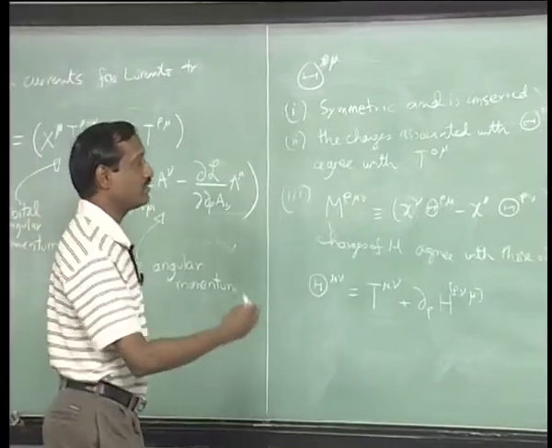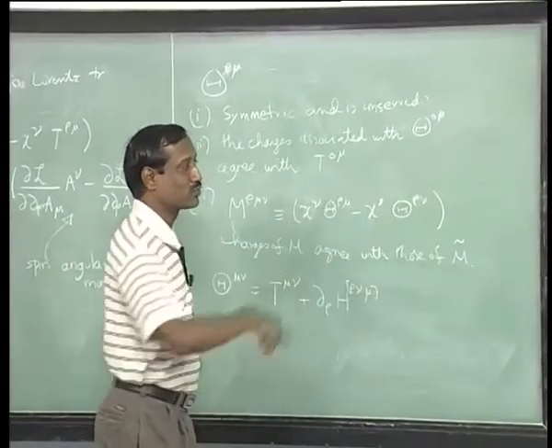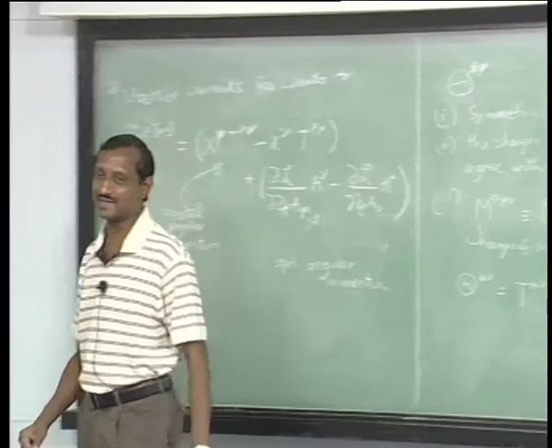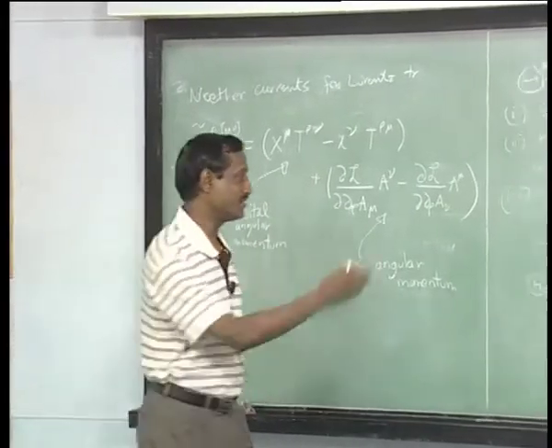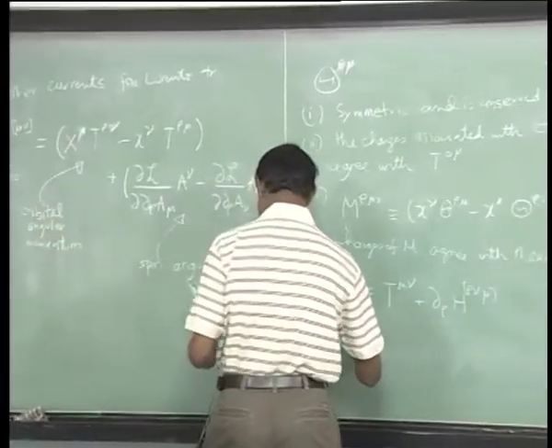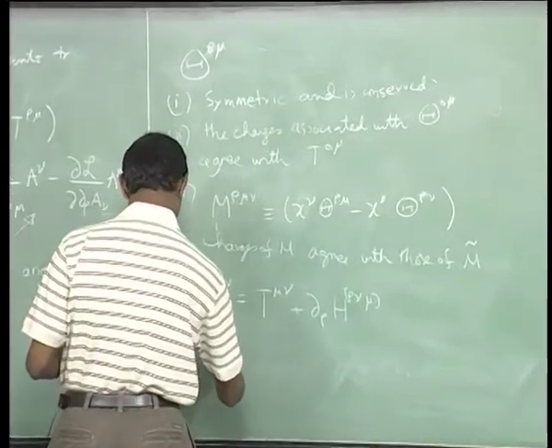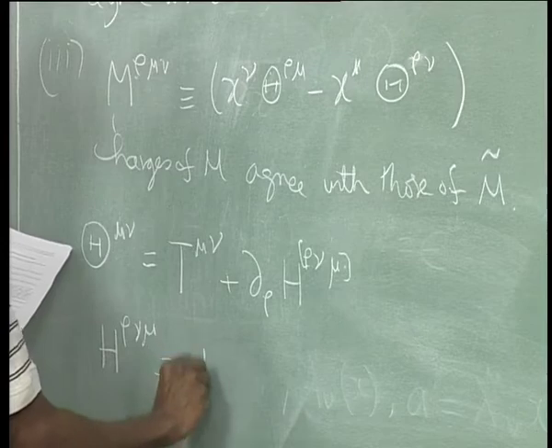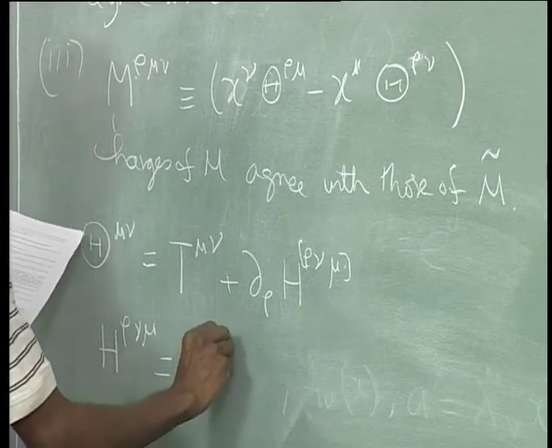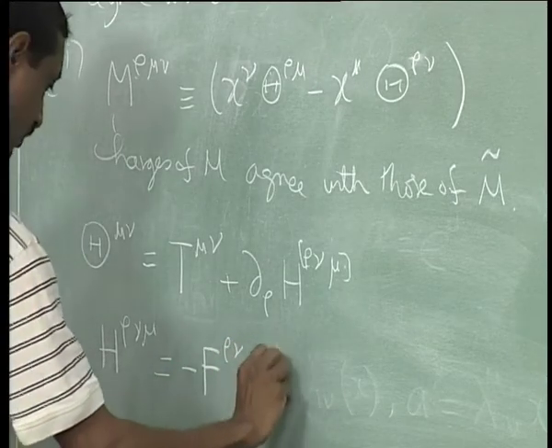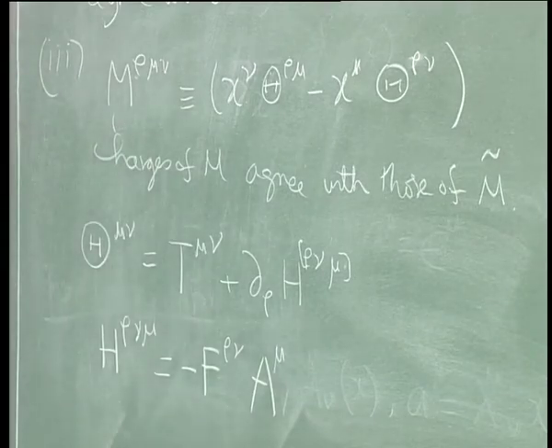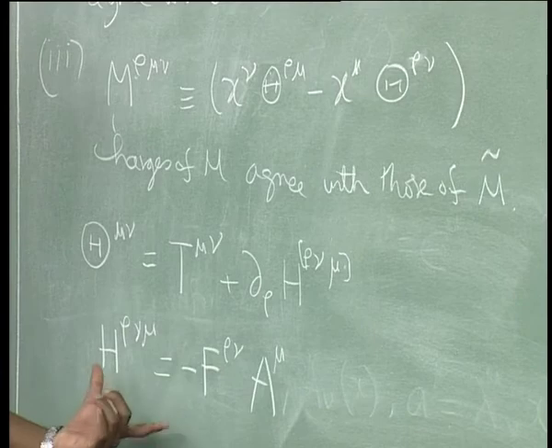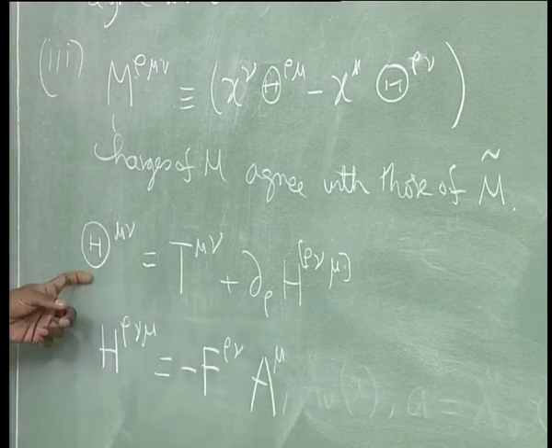But actually it is very easy to ask what that would be, because you use my trick, which is to say let us look for the gauge invariant guy, and up to some sign you will see that H. If you plug this value of H into this, you get this theta. Okay.